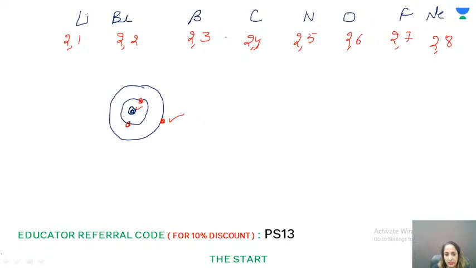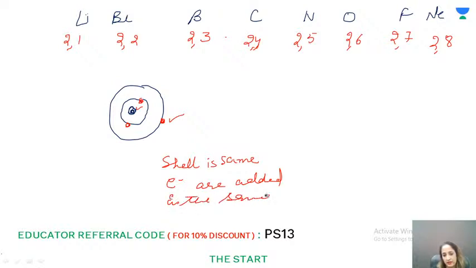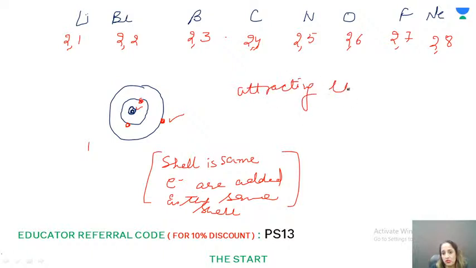So the shell is the same, which means electrons are getting added in the same shell. The shell is not increasing, so the distance from the nucleus is not increasing. And since the number of protons and neutrons in the nucleus is increasing, they will be attracting the electrons with greater force.